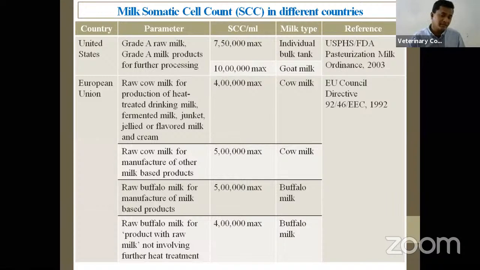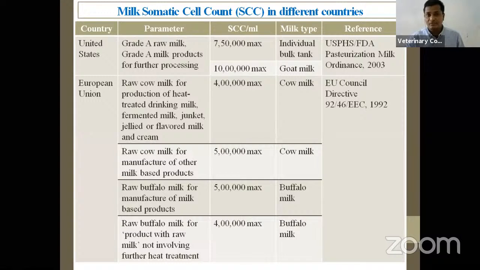Whether it is clinical mastitis, when there are evident changes in the milk or the udder, or invisible subclinical mastitis, with no manifestations in the cow, the udder or the milk. Under such circumstances, we call the infection subclinical infection or subclinical mastitis. Whatever may be the clinical or subclinical mastitis, there is elevation of the somatic cell count.